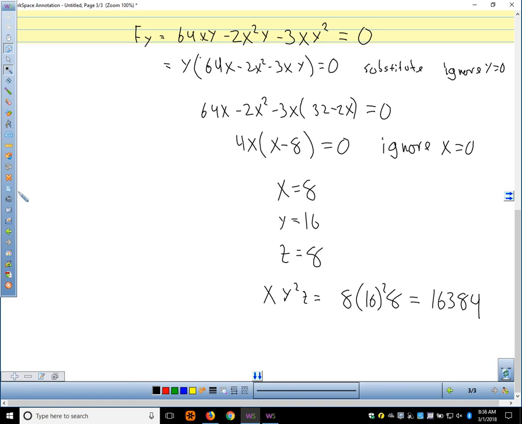A couple of things. You can see with constrained optimization, often the algebra is a little bit messy. You might have seen that in your absolute extrema homework.